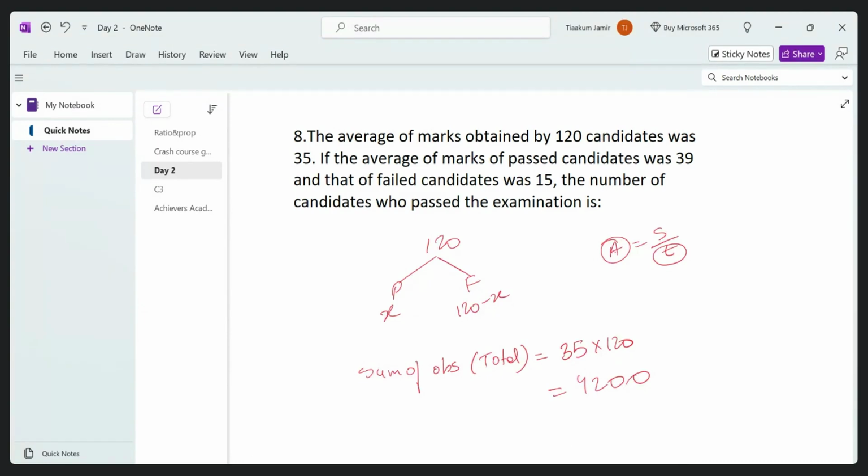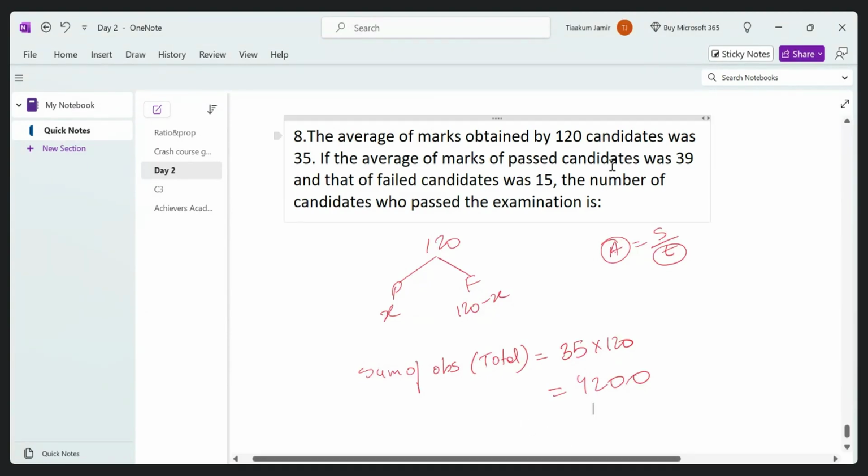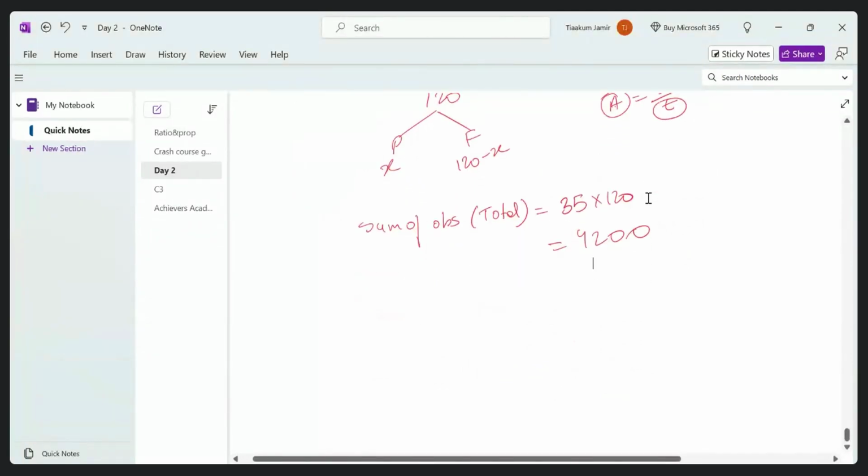Now here, the average of pass candidates is 39. Now can we find the sum of observations again? For pass, the average is 39 and the total number of observations of pass is assumed to be x, so we get 39x.